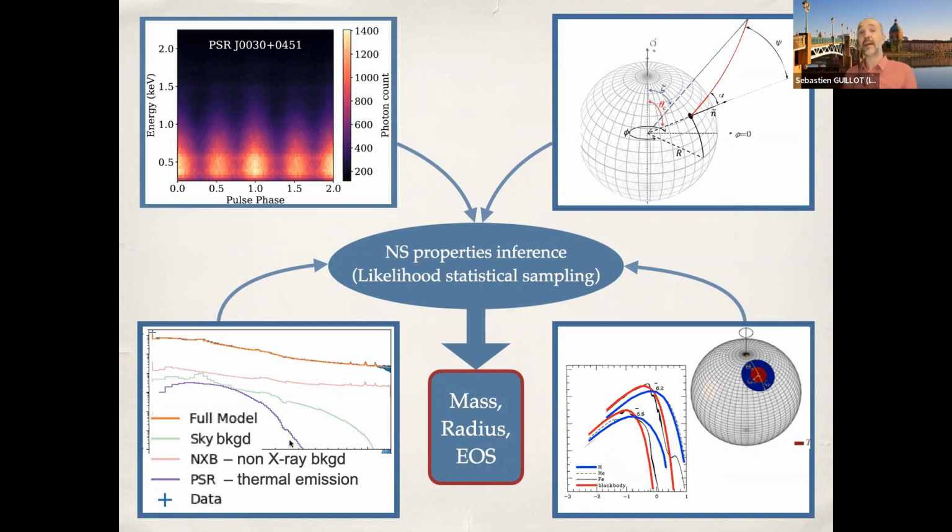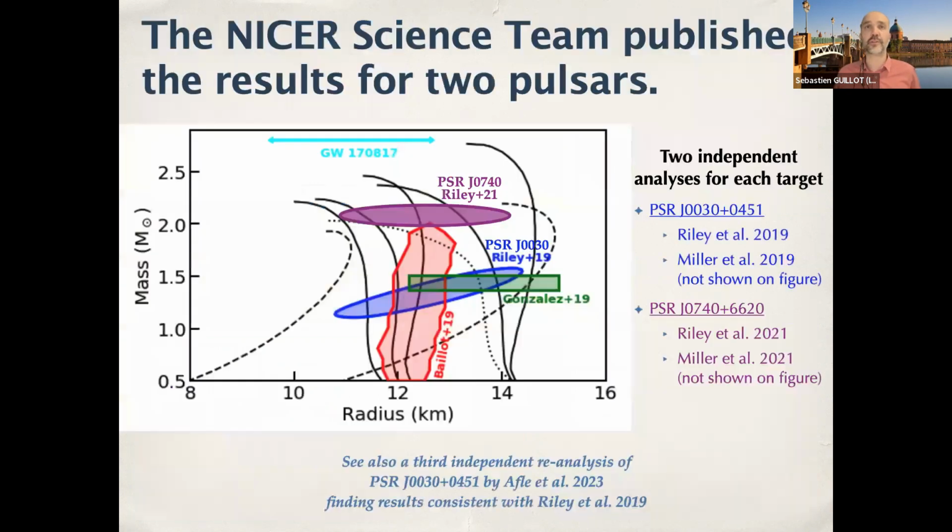So you see that in NICER data the background really dominates, but we still have the count rate to be able to see the pulsar and its thermal emission. Having the background information is really crucial. We put all of this into a neutron star inference, a statistical sampler, and we get the mass and the radius.